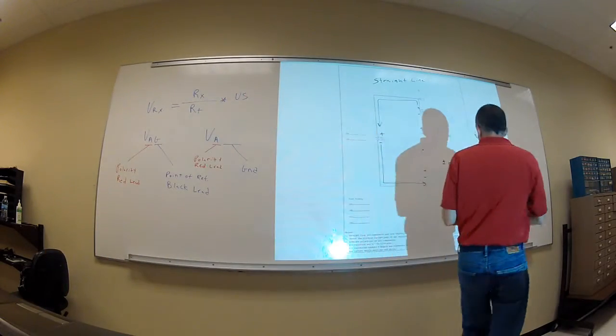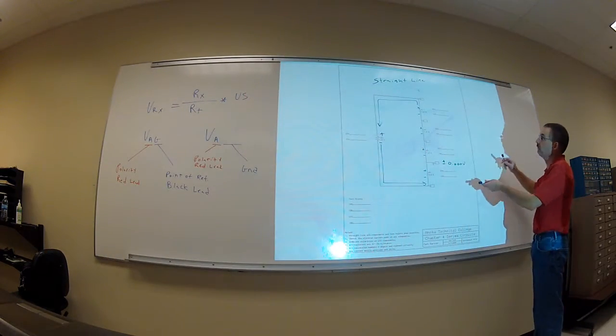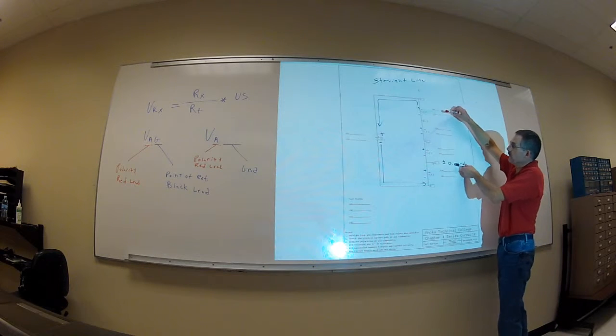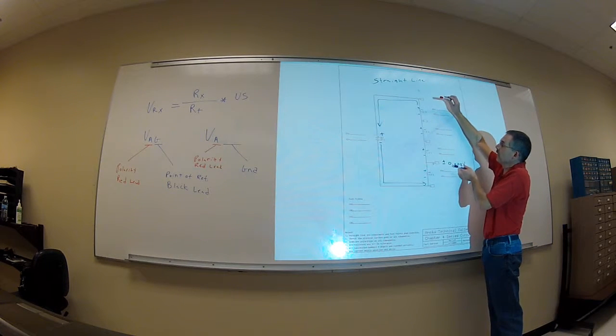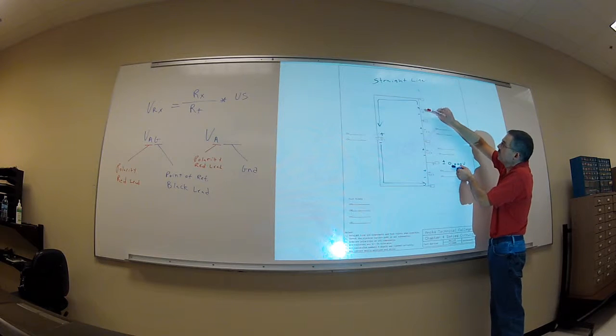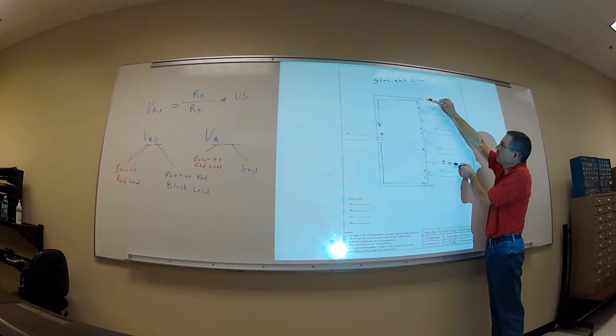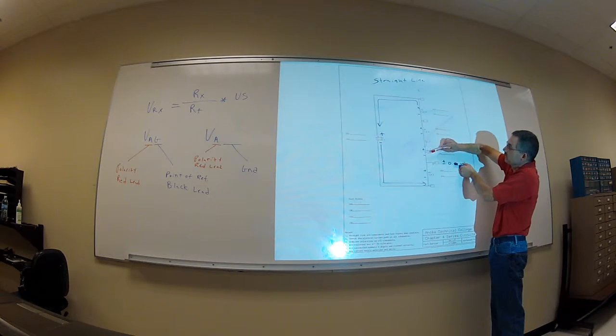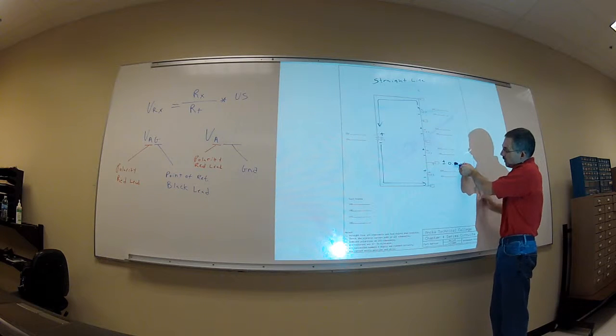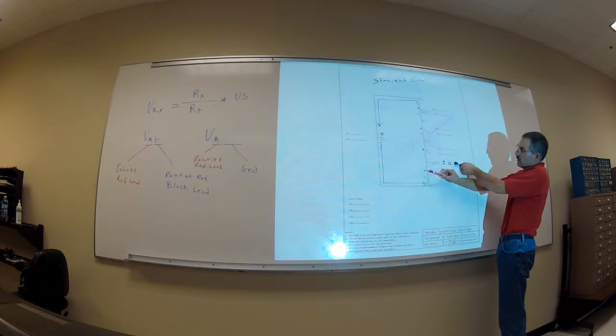I'm just going to throw some random numbers in there so we can save some time. Without even doing any numbers, I know that all these test points, referencing it to ground, are going to be positive. So test point A is going to be a positive voltage, test point B is going to be a positive voltage, test point C is going to be a positive voltage, but then test point D is going to be a negative voltage.